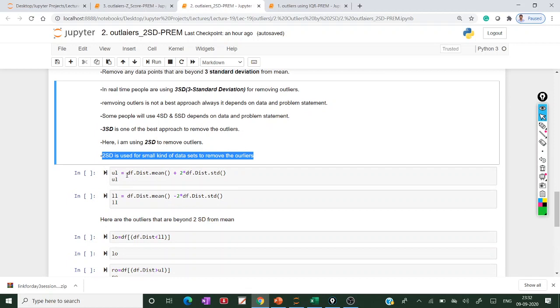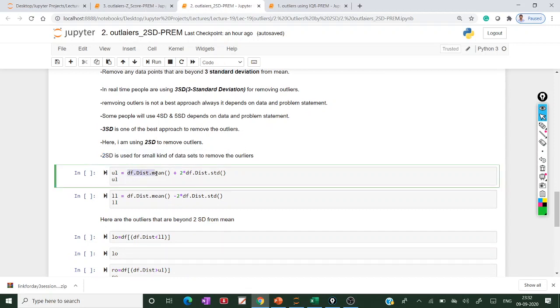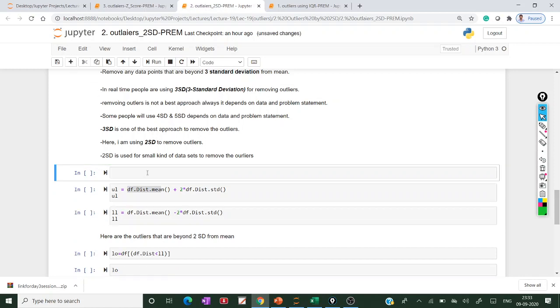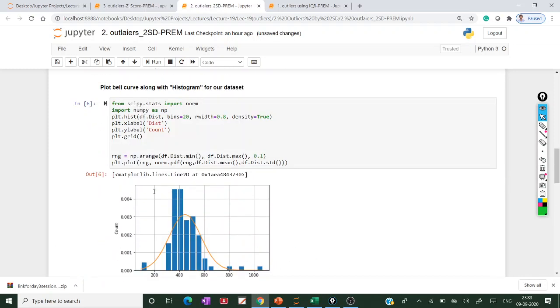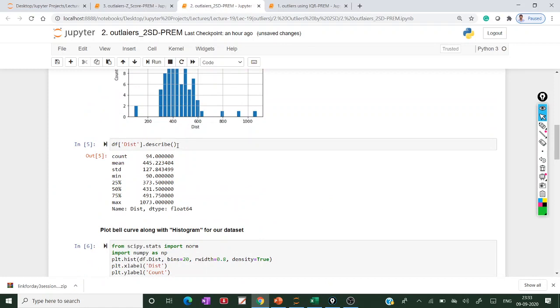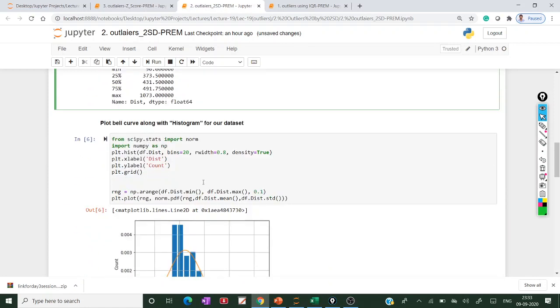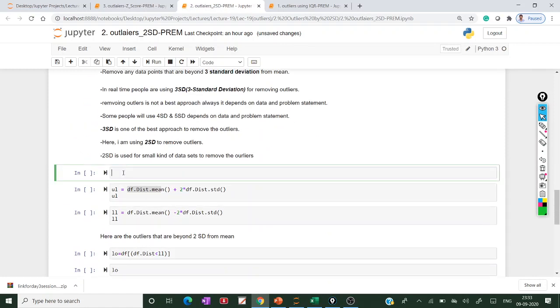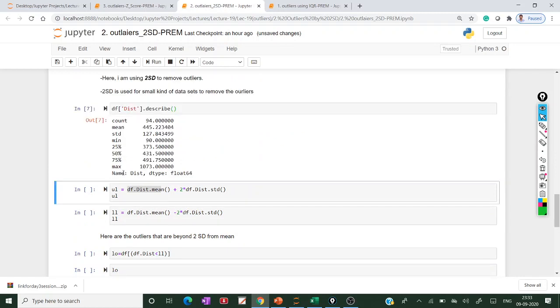So here, df.dist.mean. What is the mean? If we see, this is the mean value. The mean value is 445.23.